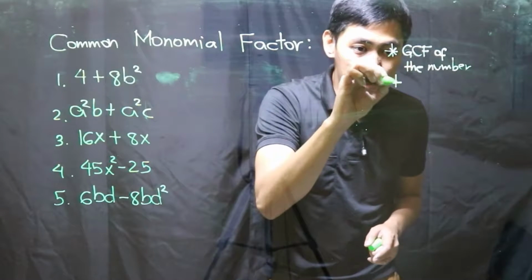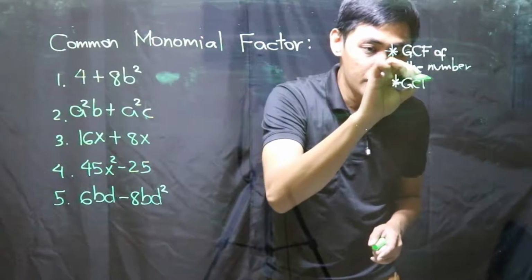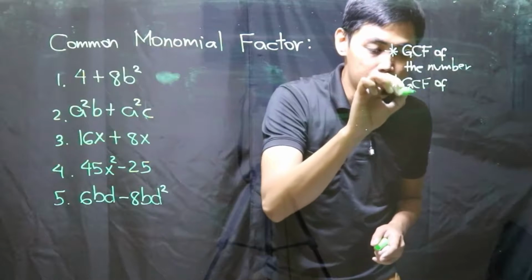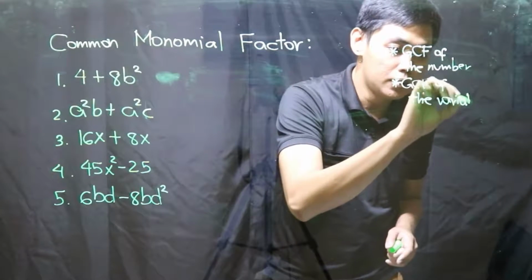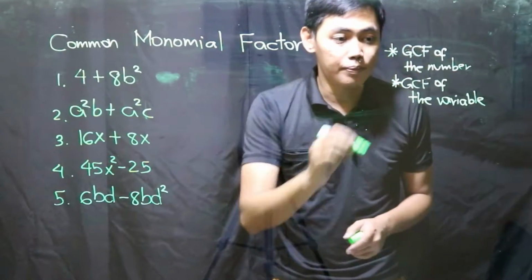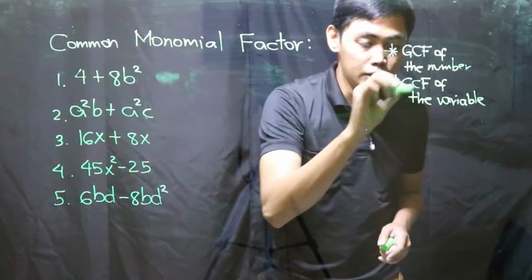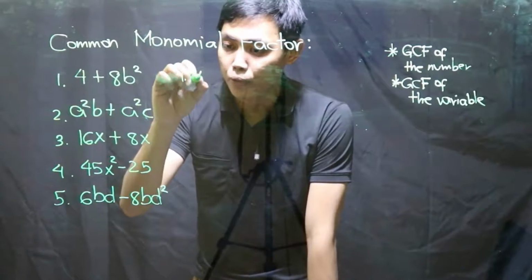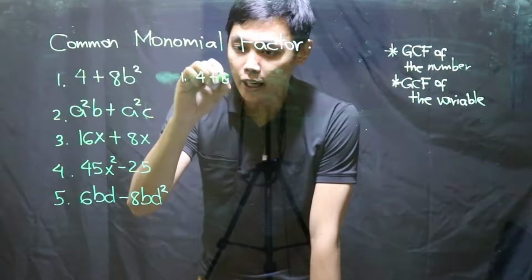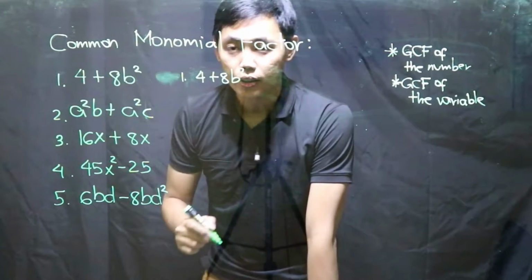And then next is still the GCF of the variables. And that's it.